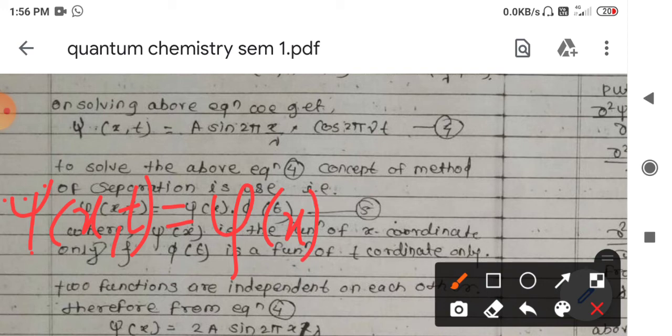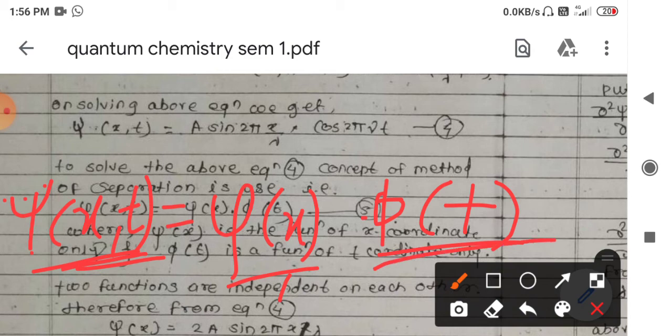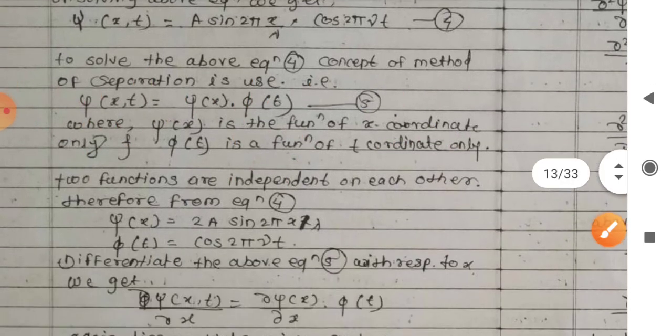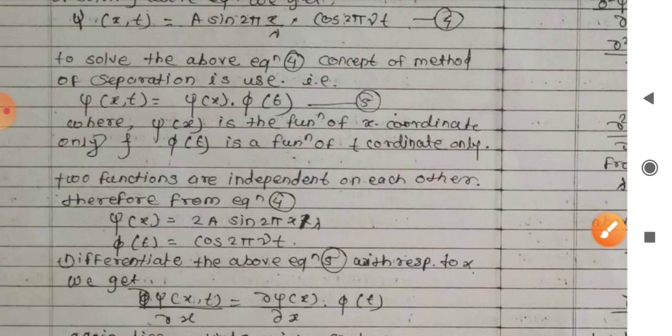So capital Ψ equals small ψ times φ of t. My whole function of position and time is split into two separate functions, one of position and one of time. This method of solving such an equation is called separation of variables.